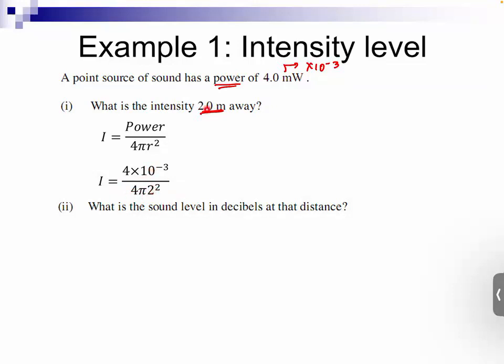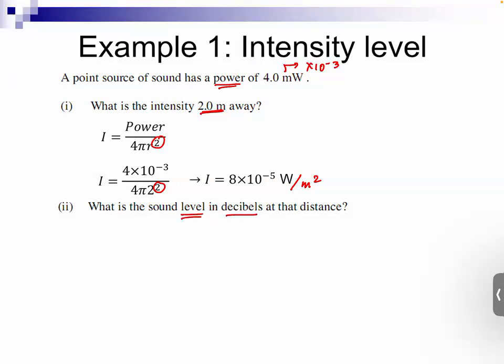R is how far away you are from the source of sound. That's 2 meters. Then don't forget there's a square there. So you are able to calculate the intensity, 8 times 10 to the minus 5 watts per meter squared.